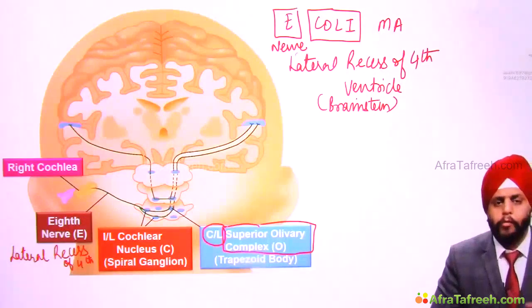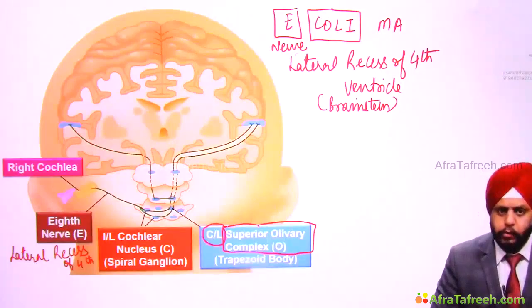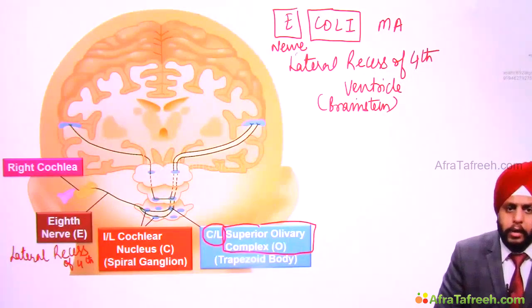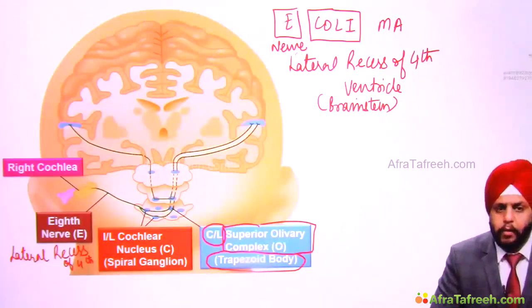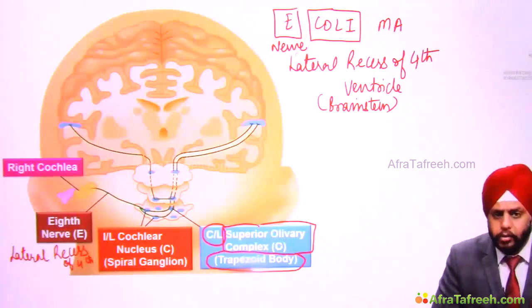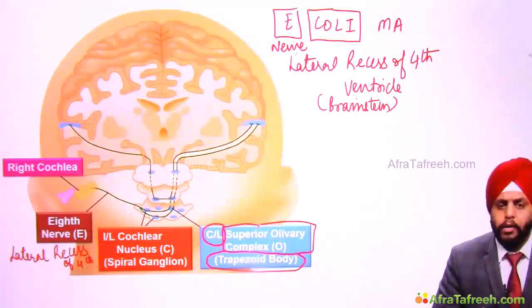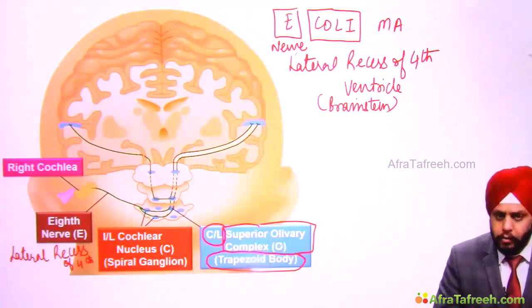Remember, O for opposite. This superior olivary complex lies in the trapezoid body. So in the brainstem we have the trapezoid body, in which lies the superior olivary complex. Sometimes the trapezoid body is also asked in the question, so remember, this is involved in the auditory neural pathway.